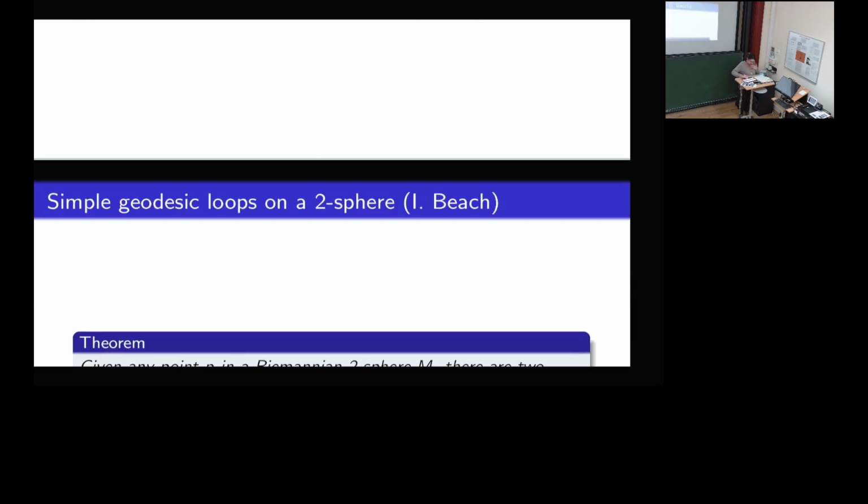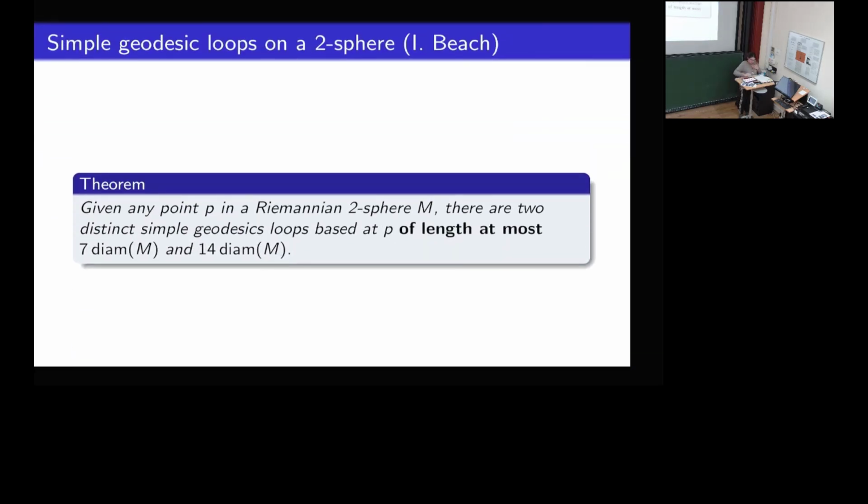Here is a result by Isabel Beach, which is in the same style. If you fix a point, you can produce at that point two short simple geodesic loops. So what is the difference from the previous statement? The topology is a little bit different, but the topological part is similar.